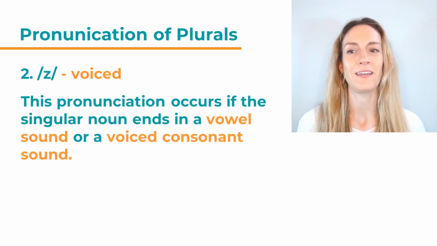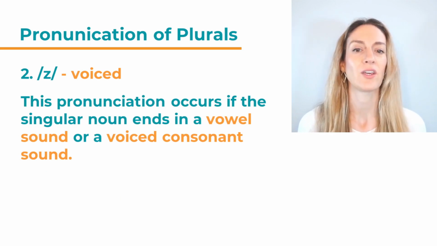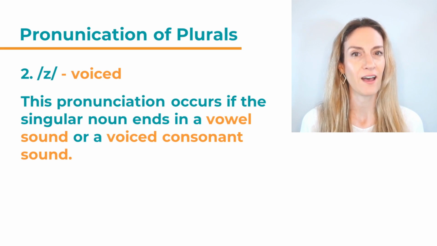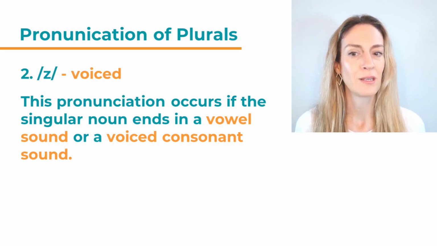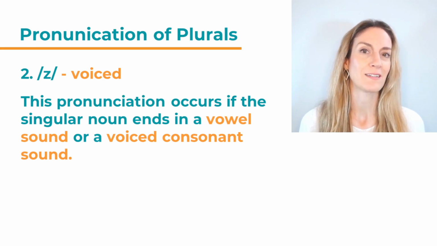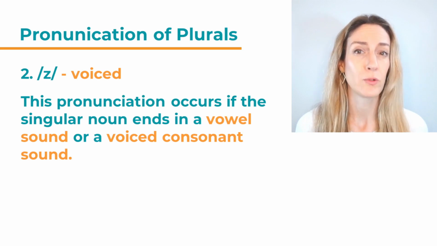The rule here is that this pronunciation z occurs if the singular noun ends either in a vowel sound or in a voiced consonant sound. Now remember, all vowels are also voiced.